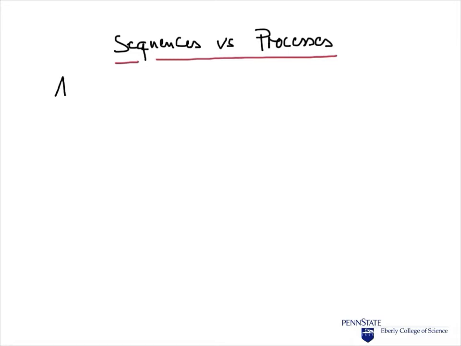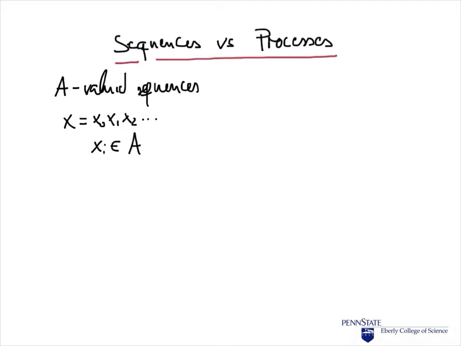On the sequence side, we start with A-valued sequences, x equals x0, x1, x2, and so on, where each xi is in A. And on the process side, we start with a sequence of A-valued random variables, capital X0, X1, X2.